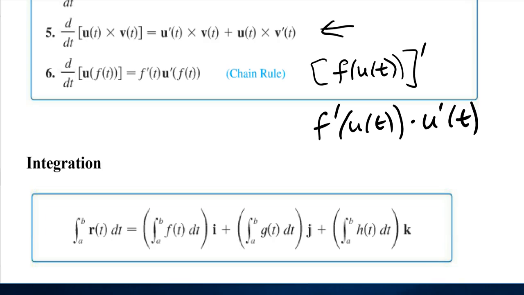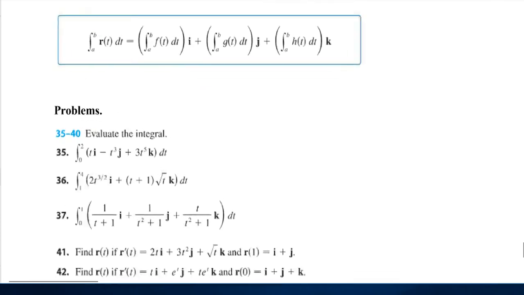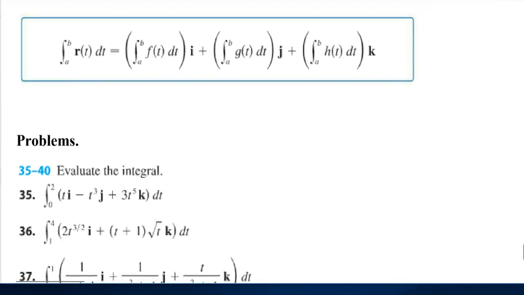That's what's going on here. So, well, okay, I'm confusing you completely. This is from Cal 1, and this is from Cal 3. So it's just the derivative of the outside times the derivative of the inside. That's all it is. All right. And so integration, very similar. You just take the integral of all of them.